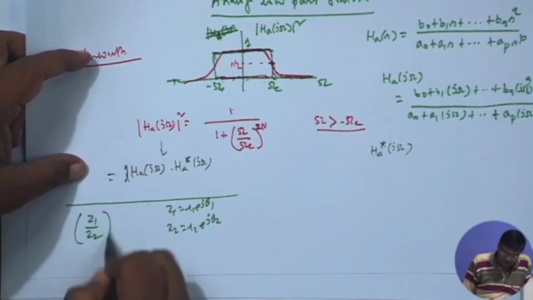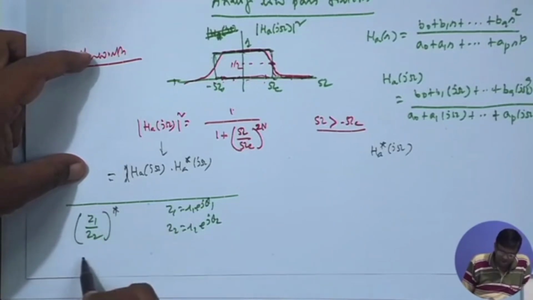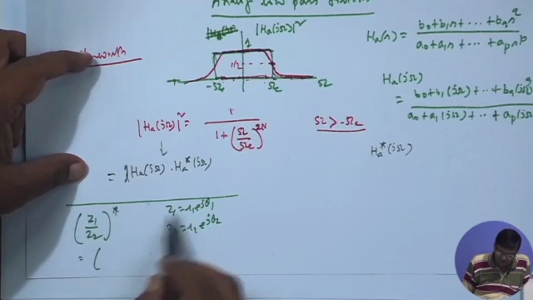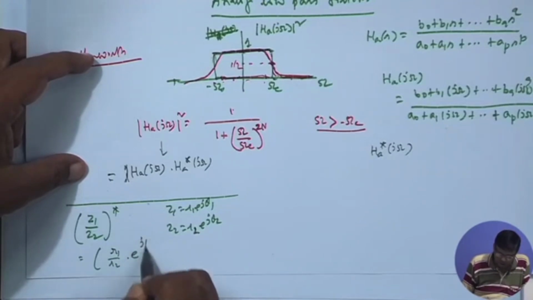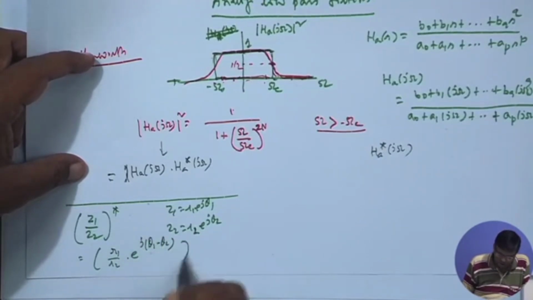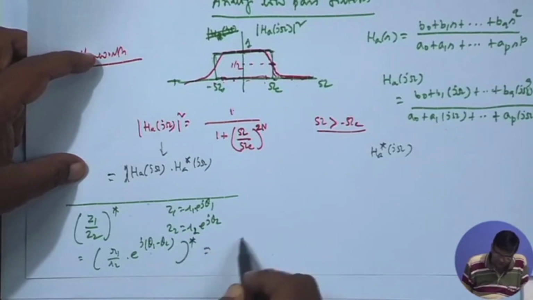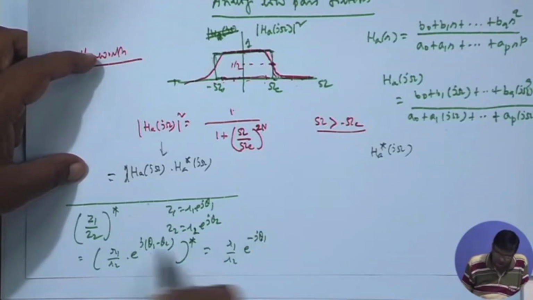Okay, if the overall thing is conjugated, you replace z1 and z2 by these, and you have r1 by r2, this is the magnitude, then e to the power j theta 1 minus theta 2, conjugate. That means r1 by r2 e to the power minus j theta 1 plus j theta 2.